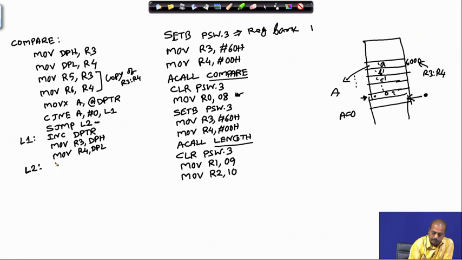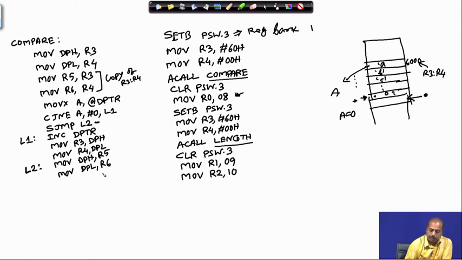How do I do it? The DPTR has come to the end, so DPTR has to be taken back to the first position. So, we first do MOV DPH, R5 and MOV DPL, R6.